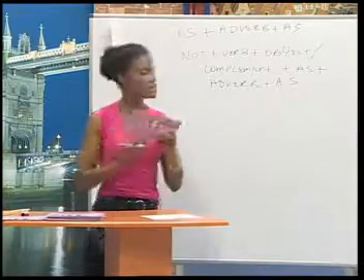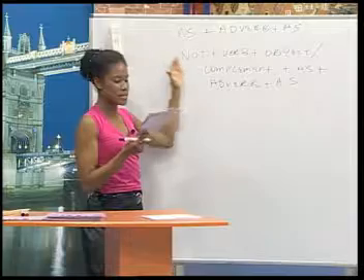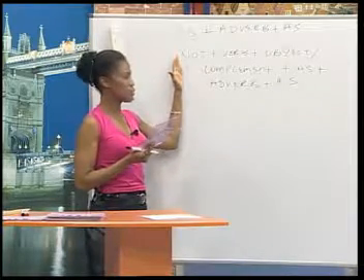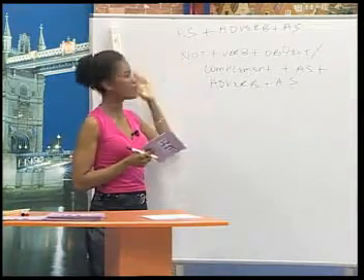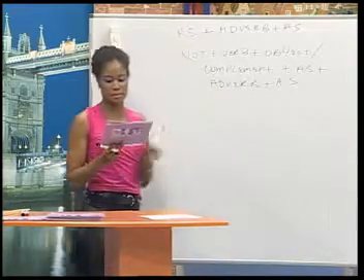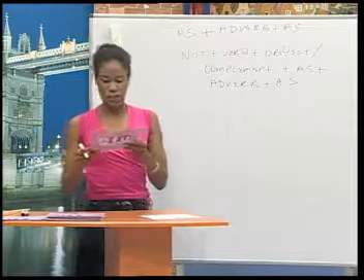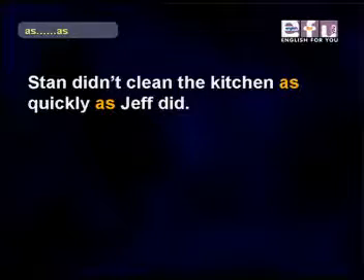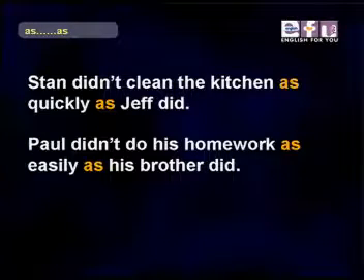Okay, so the negative form is not plus verb plus object or complement plus adverb plus as. Okay, some more examples. Stan didn't clean the kitchen as quickly as Jeff did. Next, Paul didn't do his homework as easily as his brother did.